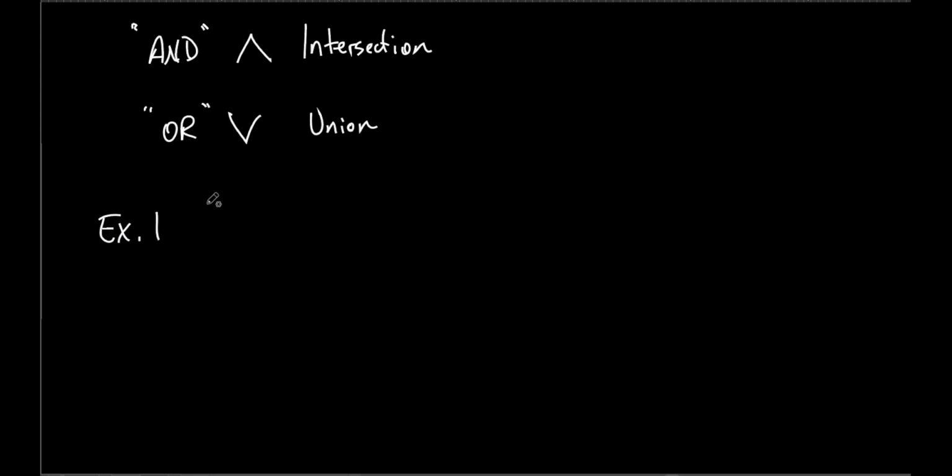It says solve. And here it is. It's going to be 5x plus 9 is less than or equal to 24. But then they put the word and. All right, that's this one right here. It's an intersection.